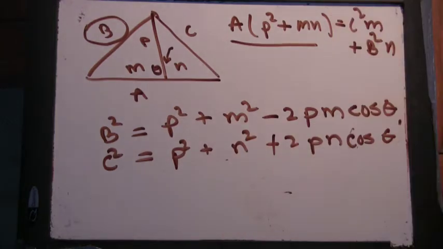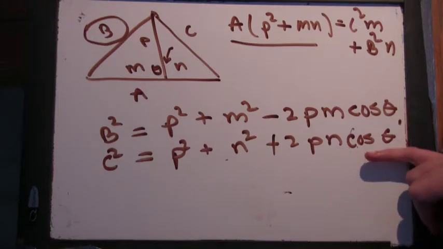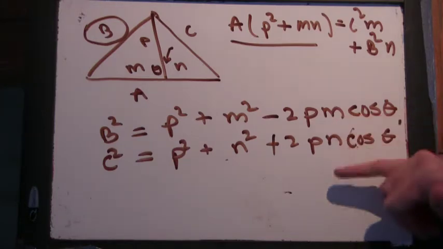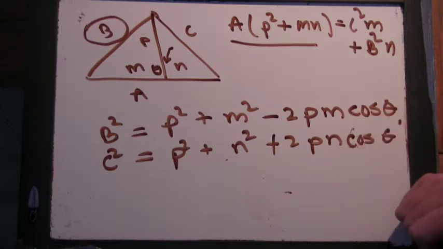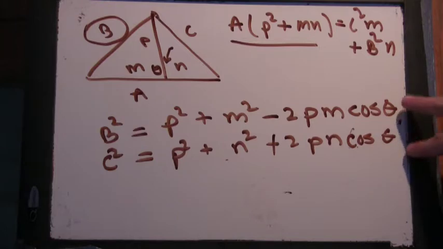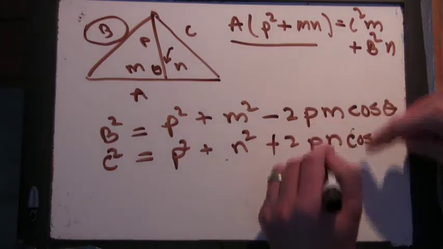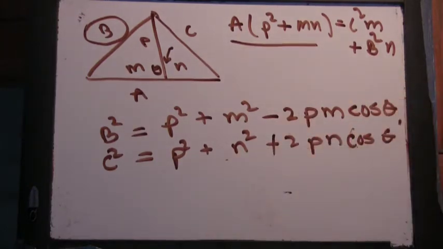Alright. You see that? Now it'd be great to get rid of this cosine theta part, but unfortunately we don't have the same thing here. So do you see what we can do to make these two expressions become the same thing? Well, I can see we can make them have the same variables in them. We can say that n is a minus m.